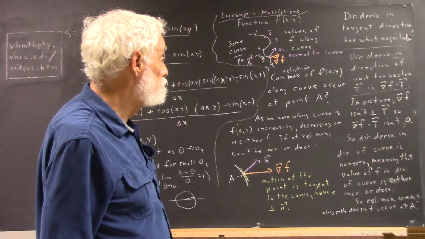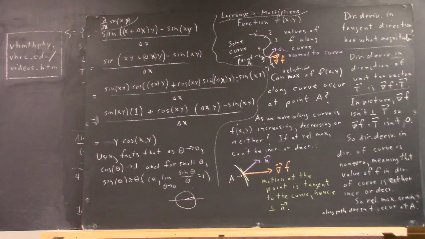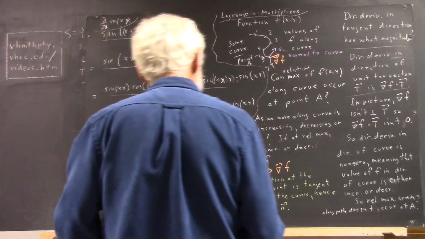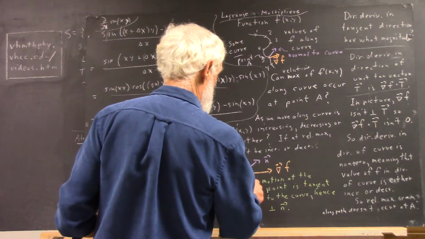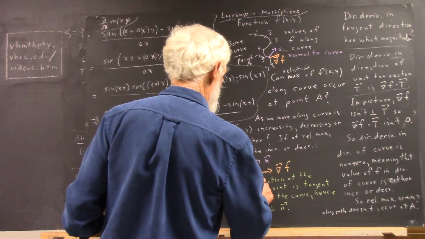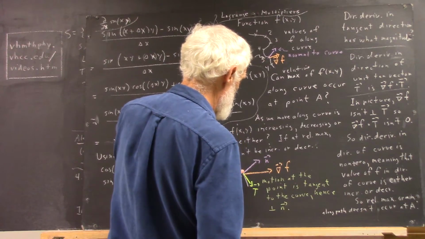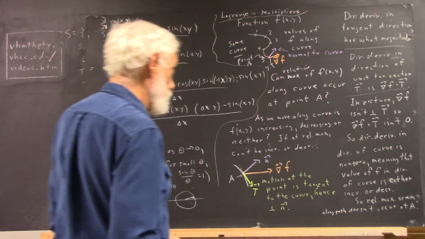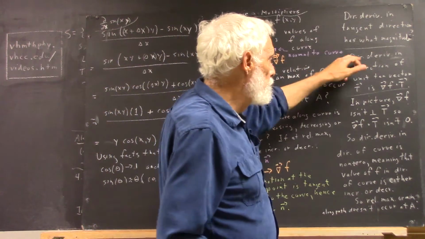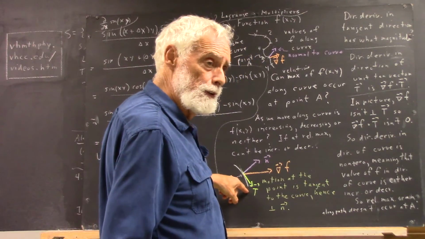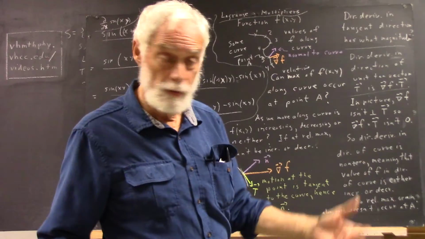Well, if we have a unit tangent vector either in this direction or this direction, let's just put it in this direction, but it doesn't matter. There's our unit tangent vector t in the direction of motion. Then the directional derivative in the direction of t is del f dot t. And we understand why that's so.